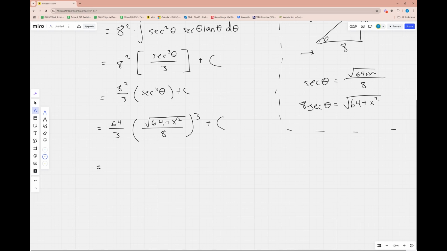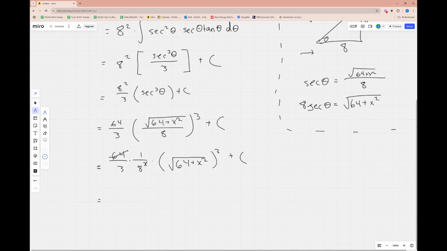What I'm going to do is pull out 1 over 8 cubed times this, cubed, plus c. Well, this is going to cancel, and 2 8s are going to cancel because 64 is 8 squared.